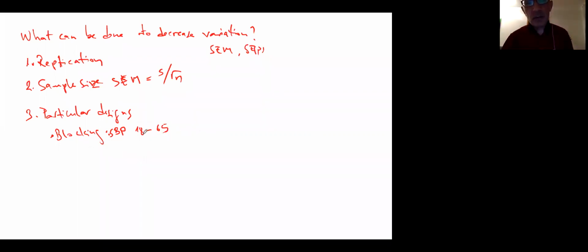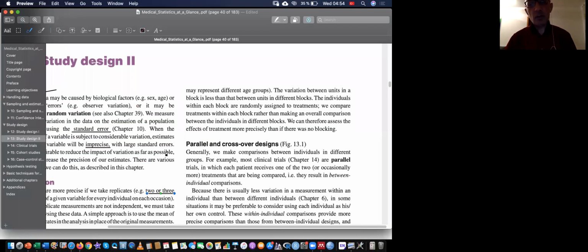Instead of measuring it in this age group, you may make blocks such as 18 to 40, and then 41 to 65. By having these two blocks, you have the possibility to decrease the variability a little bit. This is what we call blocking.